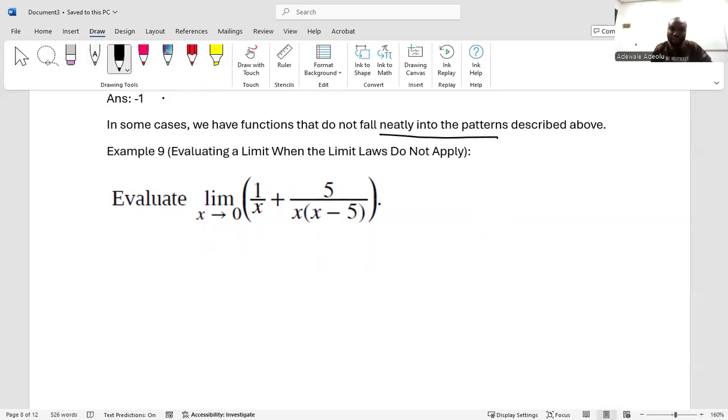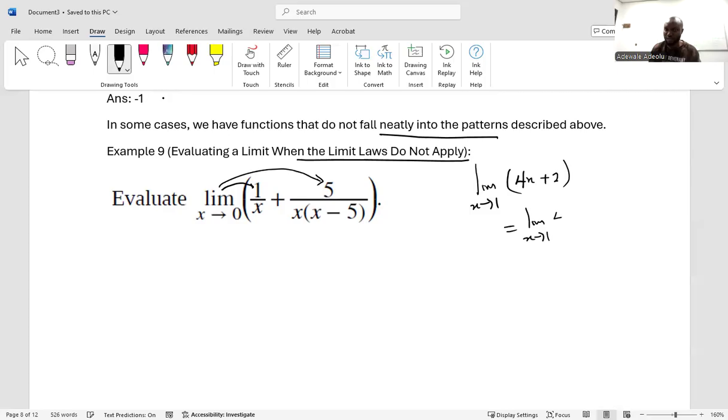So we say evaluating a limit when the limit laws do not apply. What do we mean by limit law? Does that mean that we cannot say, let us find the limit of this and add it to the limit of this? Remember, if I have 4x plus 2, and I say find the limit as x goes to 1, I only need to say this is the limit as x goes to 1 of 4x plus the limit as x goes to 1 of 2.